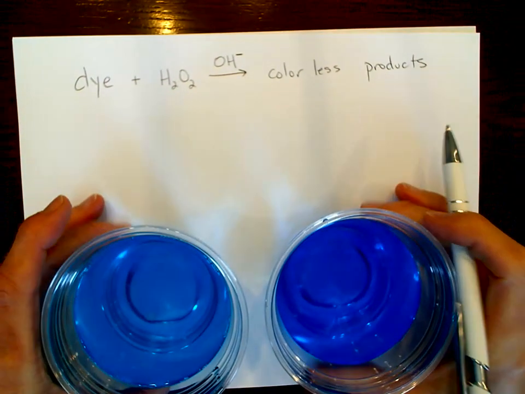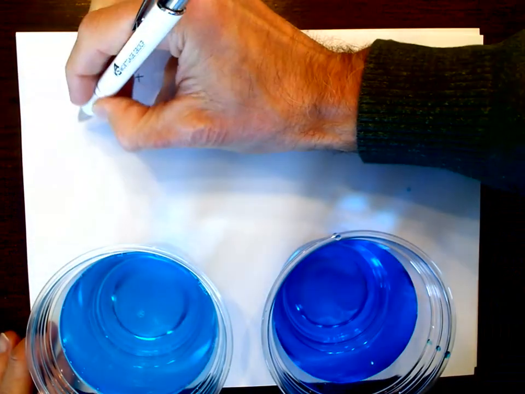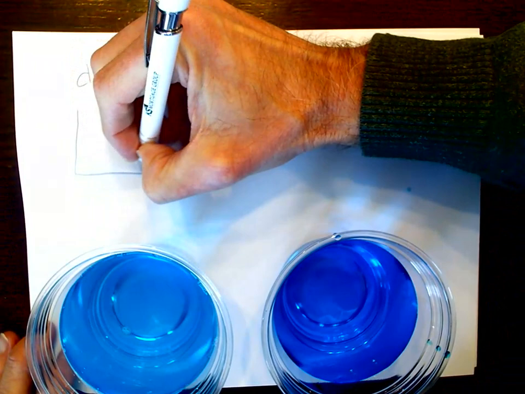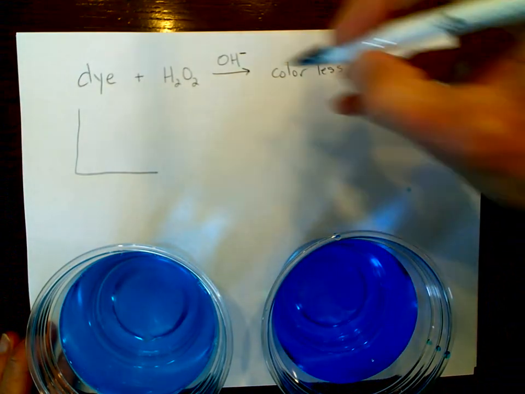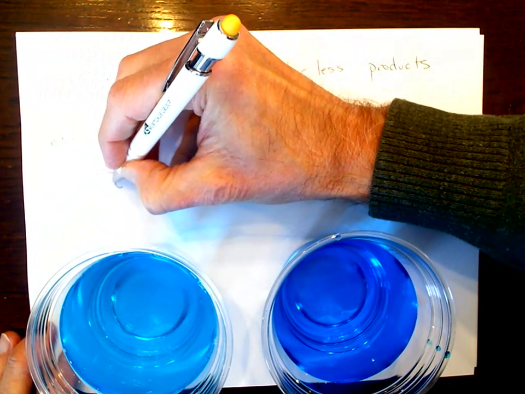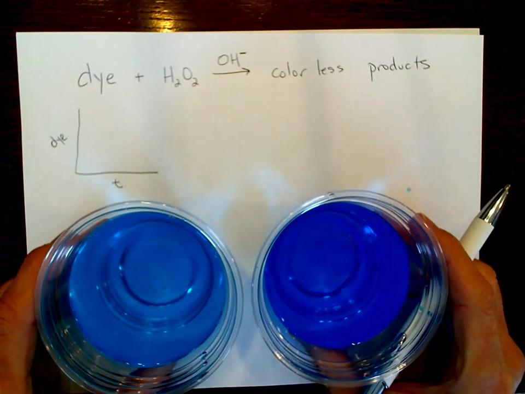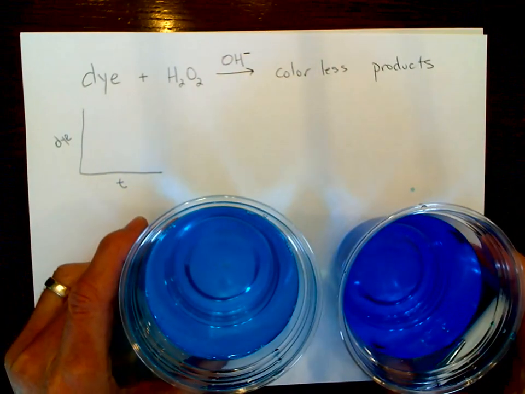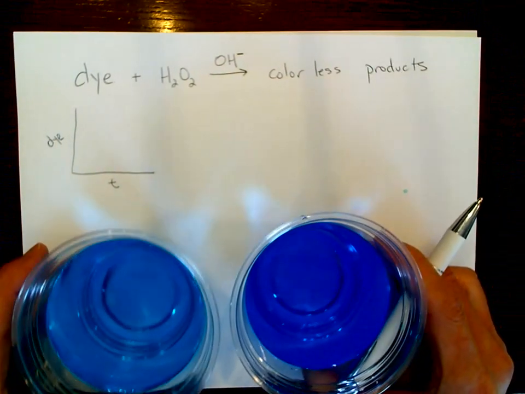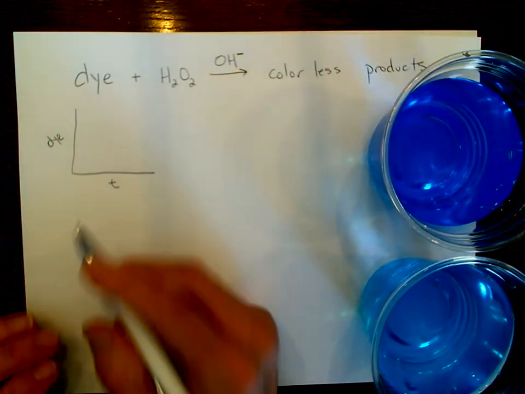So, for example, if we were going to monitor this particular reaction as it proceeds, we'd probably want to do a graph of the concentration of the blue dye versus time, like this. And you can already see it's fading a little bit. Maybe you can't, but I can. It does look like it's fading just a bit. I'm going to pop these over here to the side to let them go as we're talking.